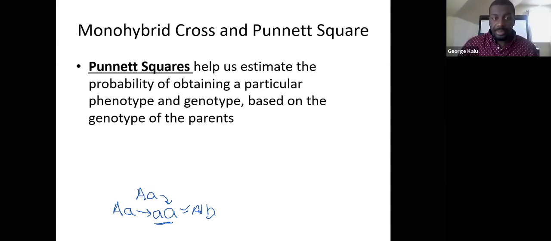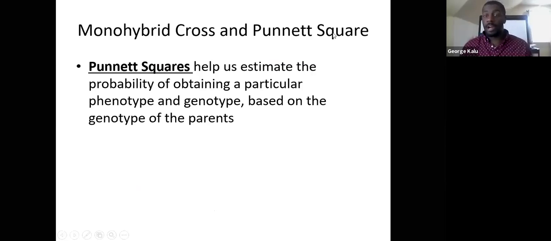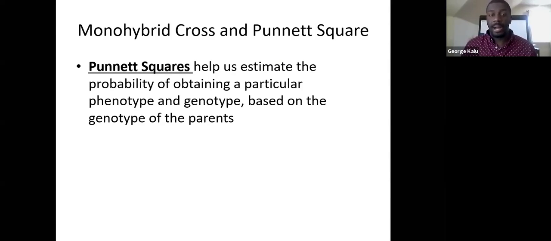So that's going to lead us into a tool that's going to help us predict the different genotypes and phenotypes that our offspring can develop. Geneticists are scientists who want to determine or predict an offspring's genotype and phenotype based off of the genotypes of the parents.